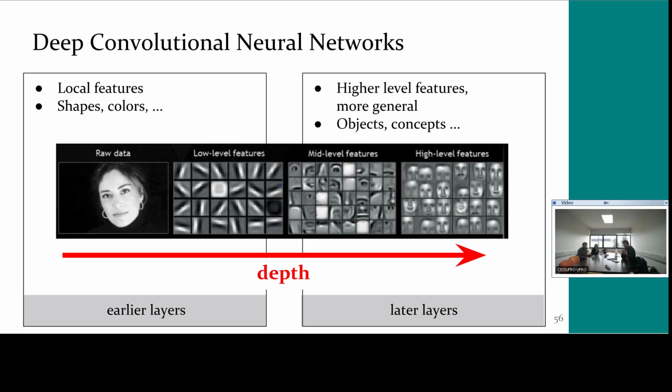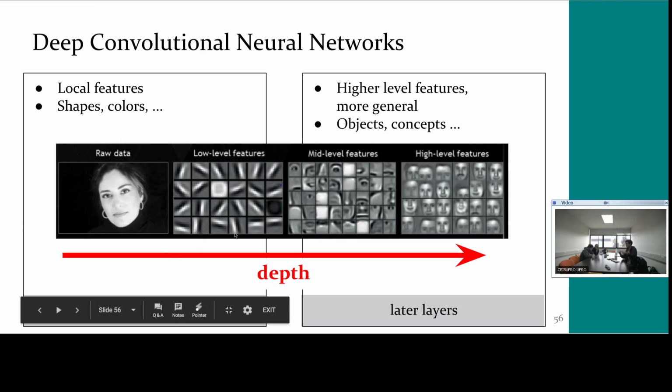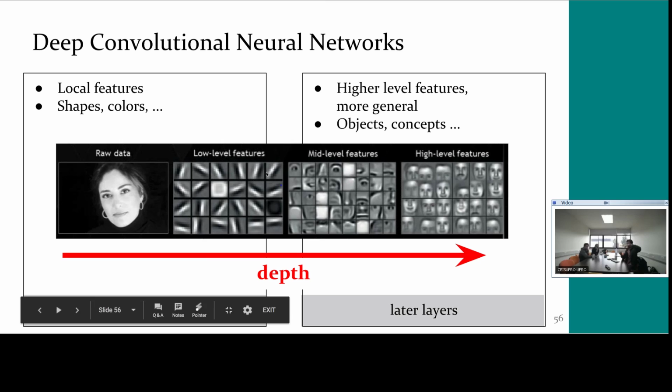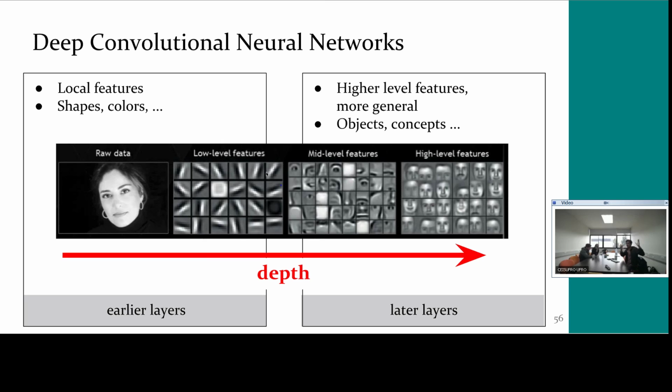It's something like this, an example from a neural network, where this was the input, and these are visualizations of these convolutions. The ones at the start of the model couldn't cover a much larger area.